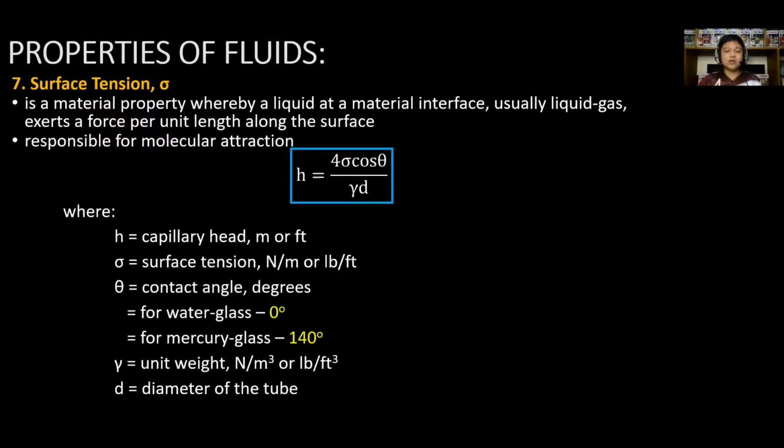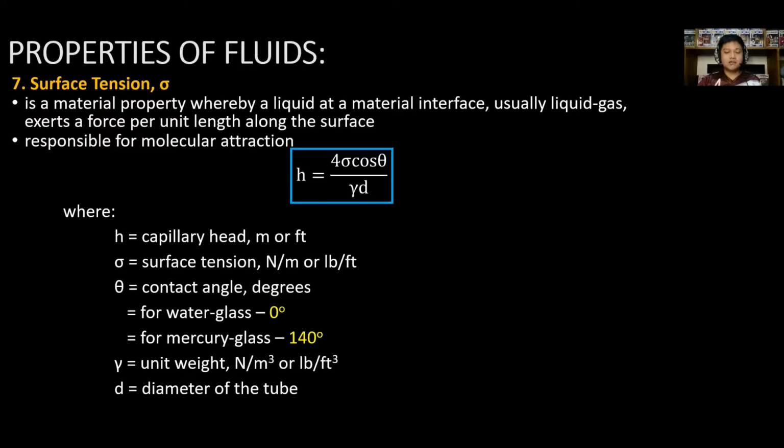So for water to glass interface, the value of theta is 0, while for mercury to glass, that is 140 degrees. Gamma is the unit weight, and D is the diameter of the tube.